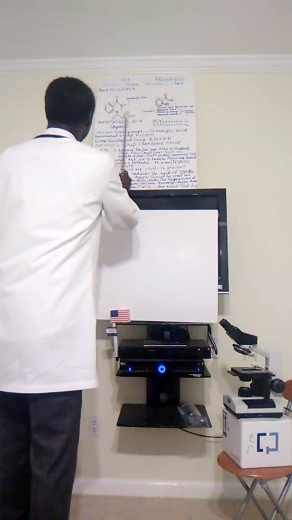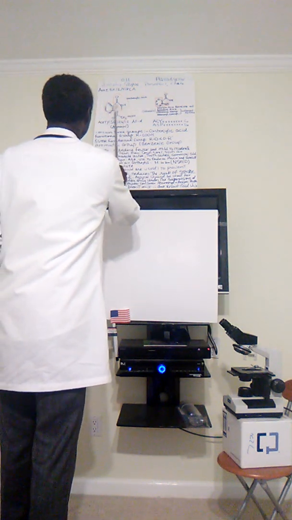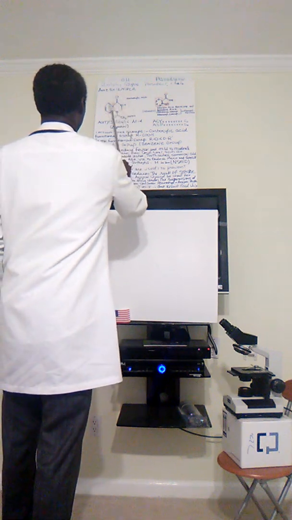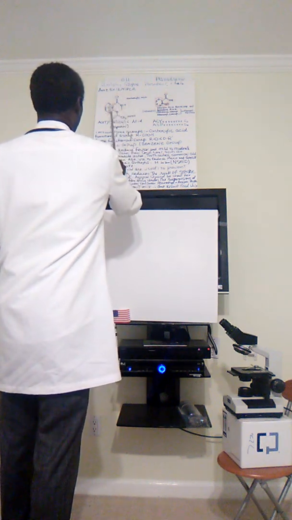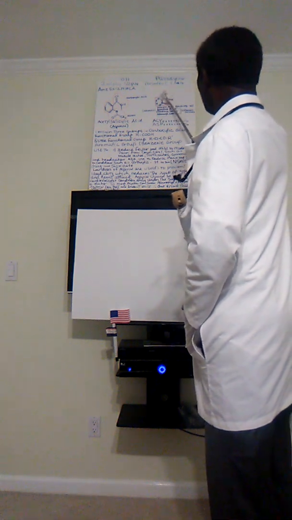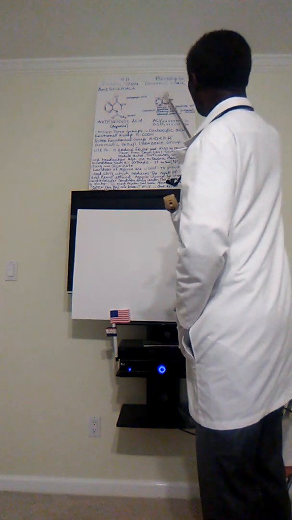The whole thing here is called an ester group, and this is the carboxylic acid group, and this is the benzene ring. Acetylsalicylic acid.